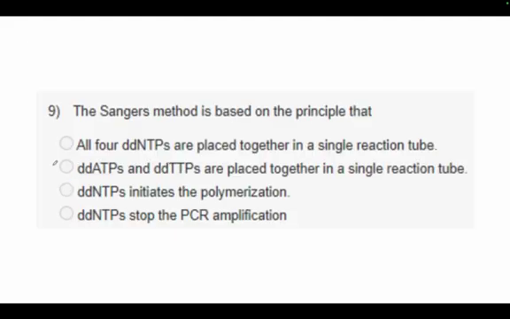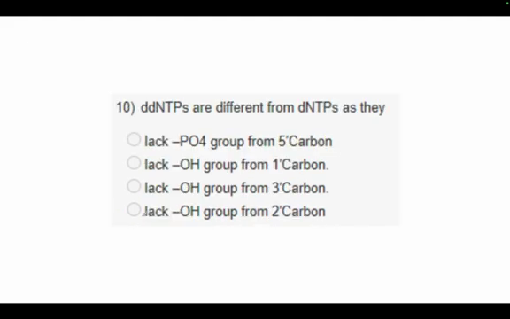Okay. Sanger's method is based on the principle that dash the ddNTPs stop PCR amplification. It stops extension of that, which is how we can differentiate different fragments based on the size.